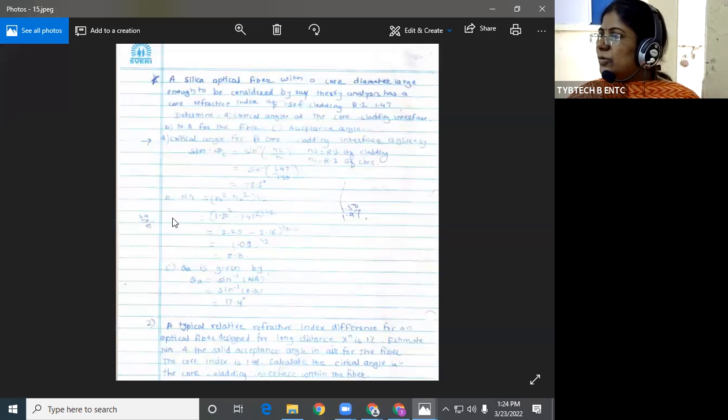NA is equal to N1 square minus N2 square raised to 1 half. So NA is equal to 0.3. And acceptance angle is equal to sin inverse of numerical aperture. And it is given here as 0.3, and we can get the theta A is equal to 17.4 degree.